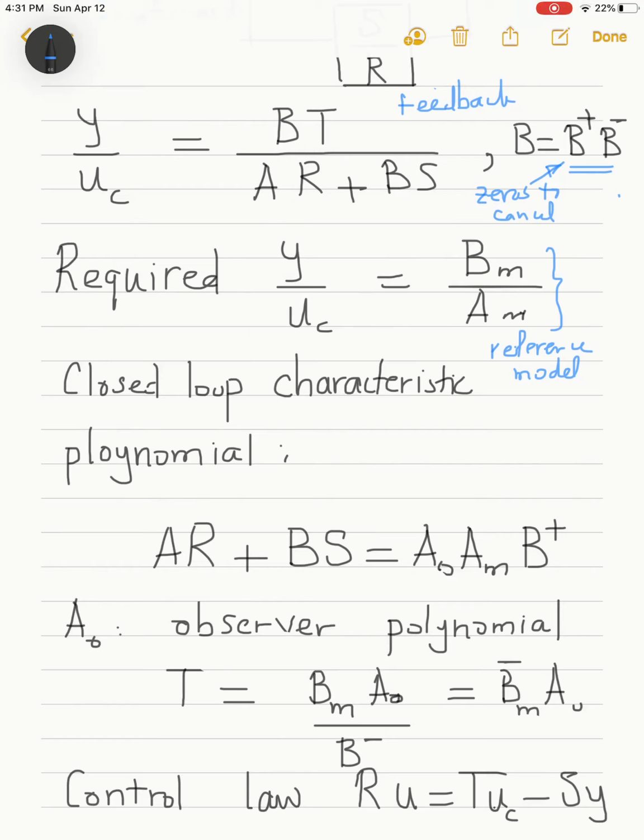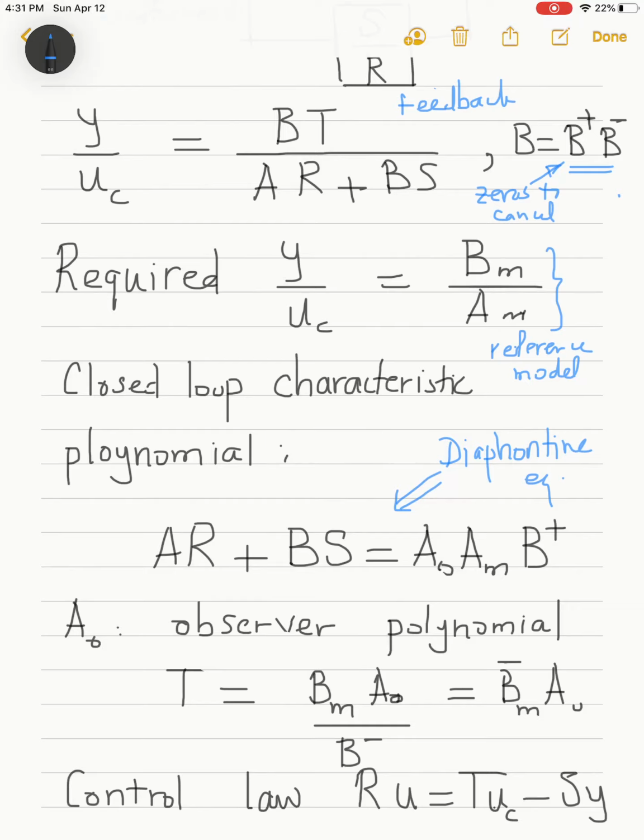Now this equation is called the Diophantine equation. It has to be solved for the unknown polynomials R and S, and once that is done, part of the control law is calculated.